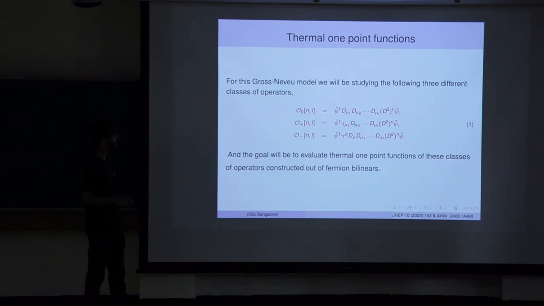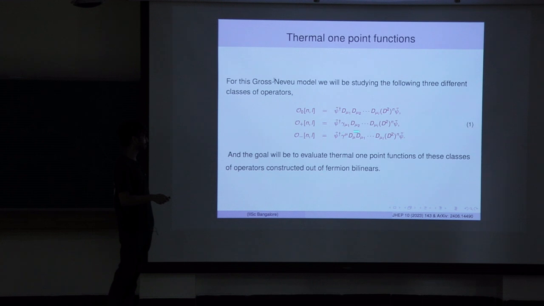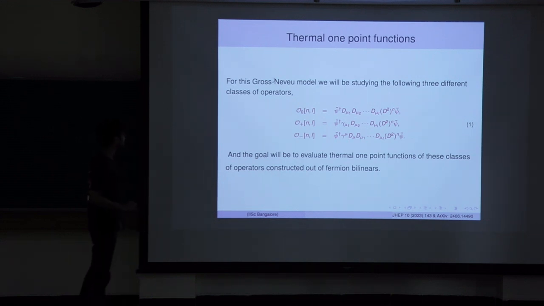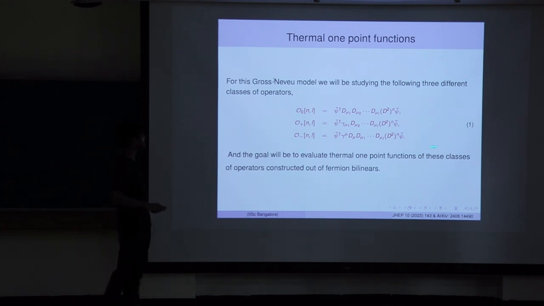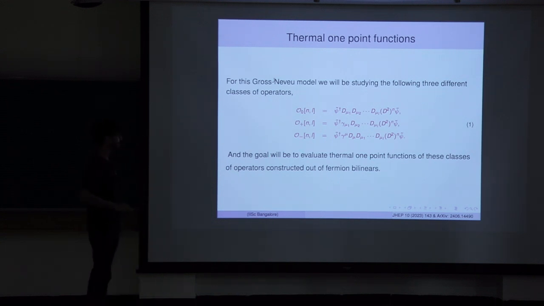But for O plus you have an extra gamma mu 1 here, and the rest of the thing is the same. And for the O minus you have a gamma mu del mu contracted, and then the rest of the thing is very similar. Okay, so of course the goal will be to evaluate the thermal 1-point function of all such classes of operators constructed out of fermion bilinears.